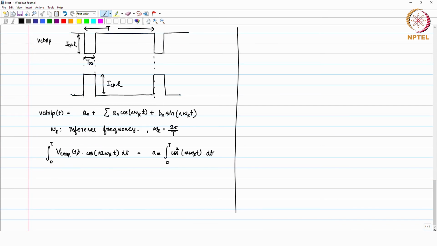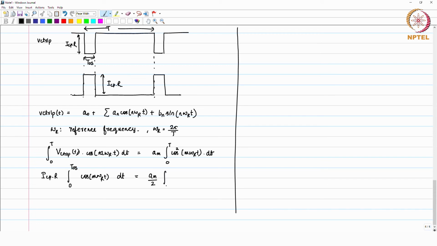To calculate this, we know that V control P is actually non-zero only during the time 0 to t offset. So, I will have this I_CP R going from 0 to t offset. Cosine of m omega r t will remain inside the integration, and for the other one you see that it is cosine squared of m omega r t.